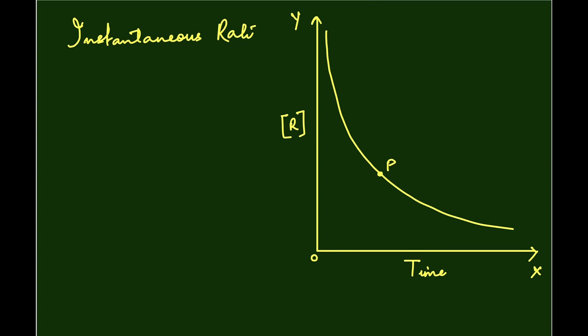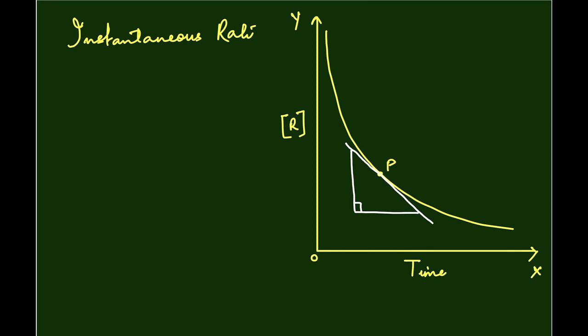In that case, we have to draw a tangent at this point P, and then we have to complete this right angle triangle. We just draw a perpendicular on the tangent.